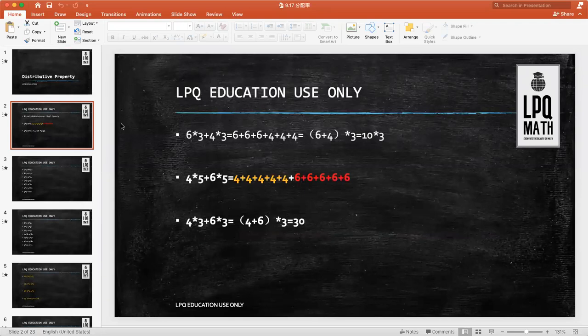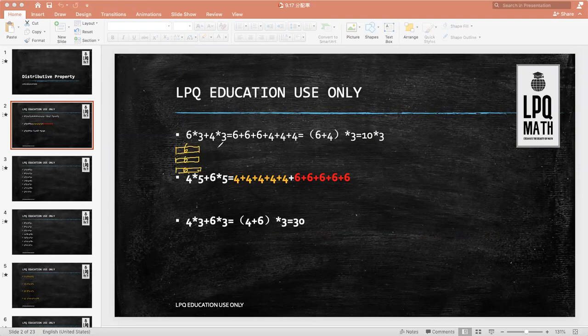Let's take a look at the first question. The equation is 6 times 3 plus 4 times 3. In the first class we learned that 6 times 3 is 3 groups of 6. Here is a 6, here is a 6, here is a 6. So 3 groups of 6.